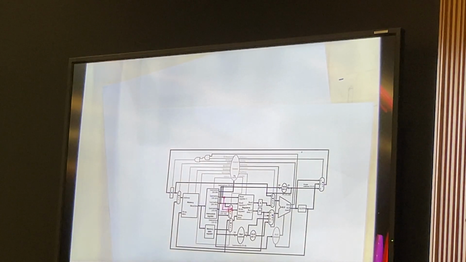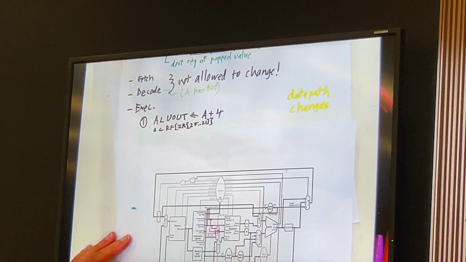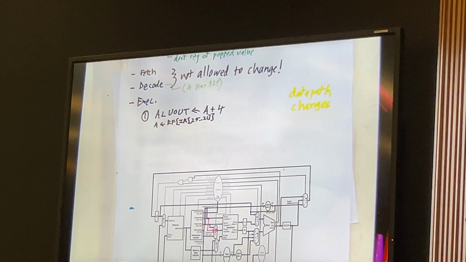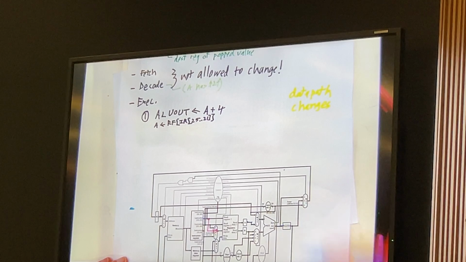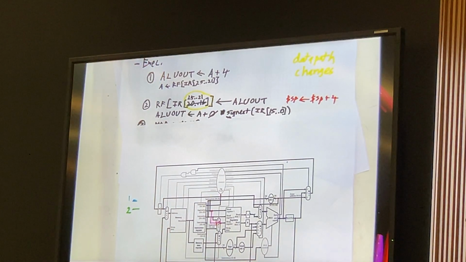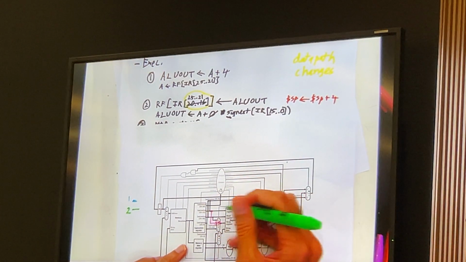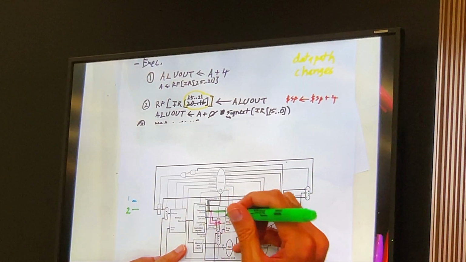So let's bring up the RTL. In cycle 1, let's say blue, ALUOut gets A plus 4. So that's that. On cycle 2, I guess I will do green. A gets register file of bits 25 through 21. Oh, sorry, I screwed up.